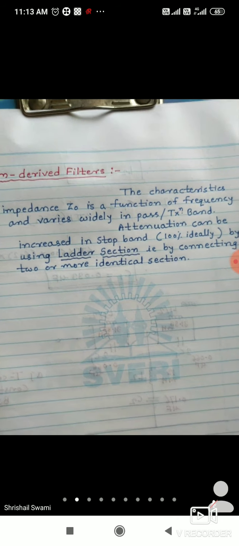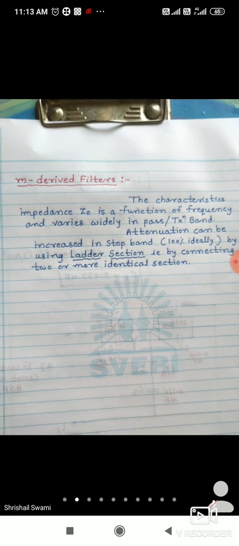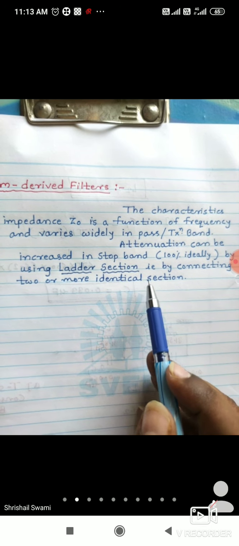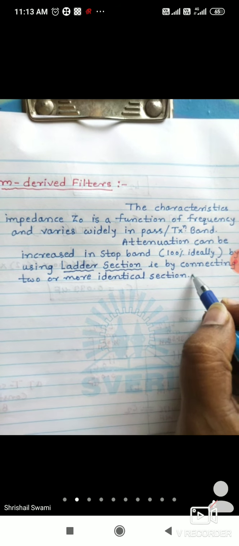So ladder diagram already we learned at the start of this subject. Ladder diagram, RC network extra added किंवा resistive network same added, that is called as ladder section. So by connecting two or more ideal section, that is called as what? Ladder diagram. Now here what we are going to make a changes here.